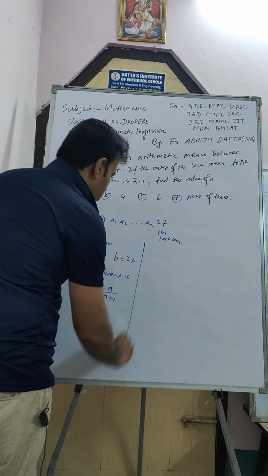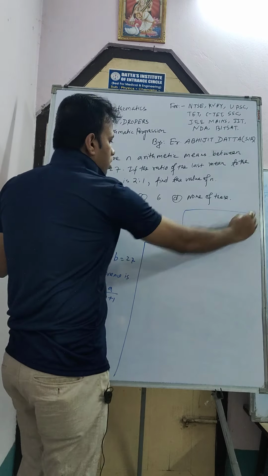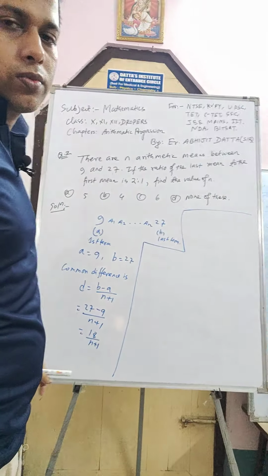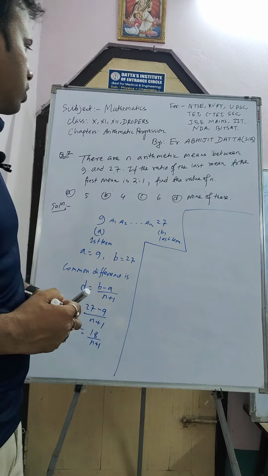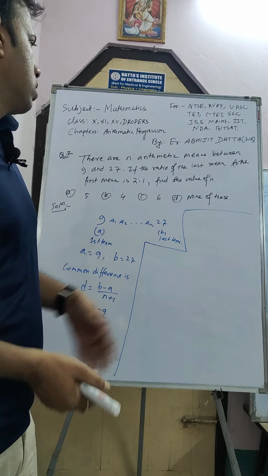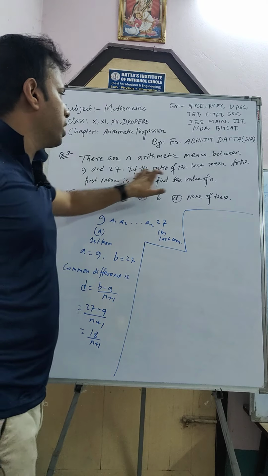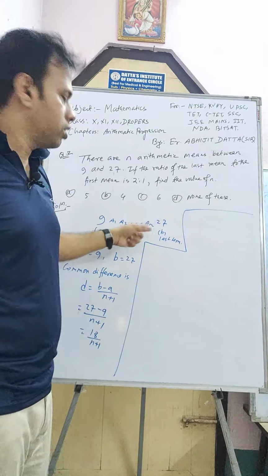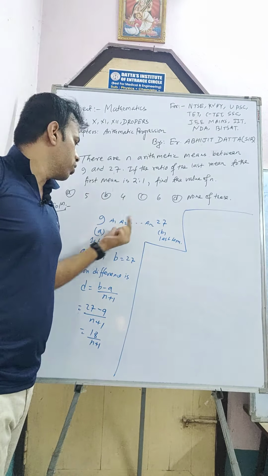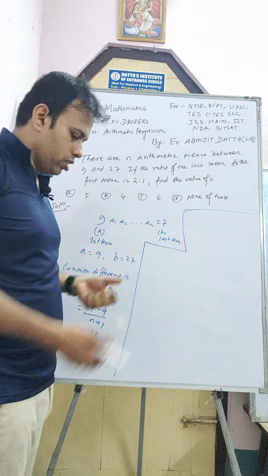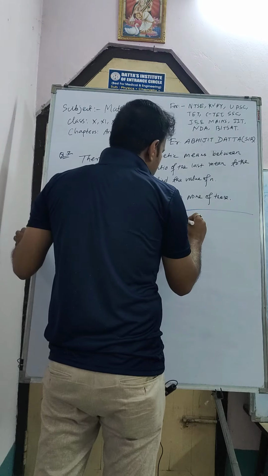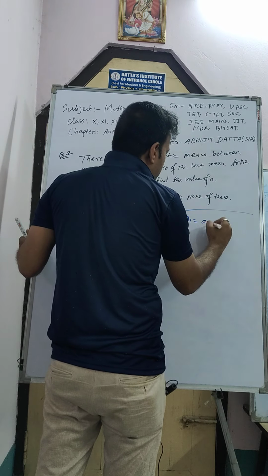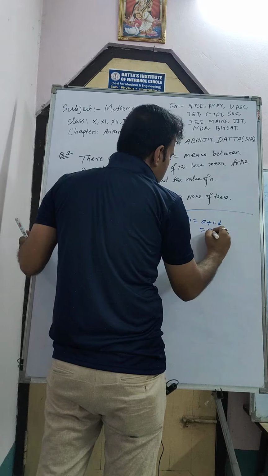Okay, fine. Now look at the question. In the second sentence, if the ratio of the last mean to the first mean, so which one is the last mean? This an is the last mean. Which one is the first mean? This a1 is the first mean. So a1 is a plus d.